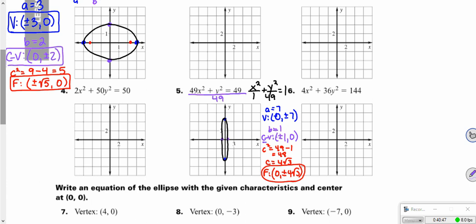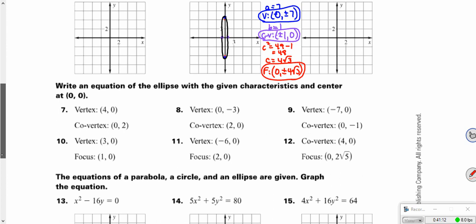Foci, co-vertice, vertice. You could do your foci, but it's going to be kind of hard to grasp. They're going to be very, very close to the vertice.